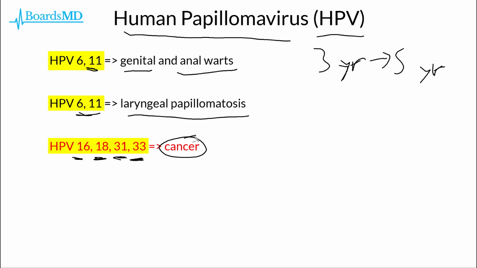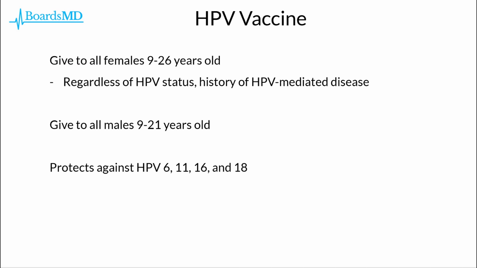And therefore, for these subtypes of HPV, 16, 18, 31, and 33, we consider these subtypes to be high-risk subtypes of human papillomavirus.